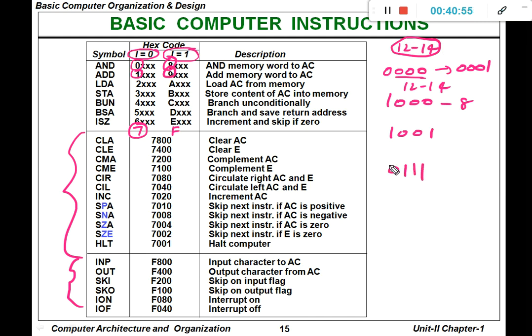So 0111 means I is equal to 0 and bits 12 to 14 represent 111. So the starting hexadecimal code is always 7. Based on the other hexadecimal values, the register reference instructions will be defined.